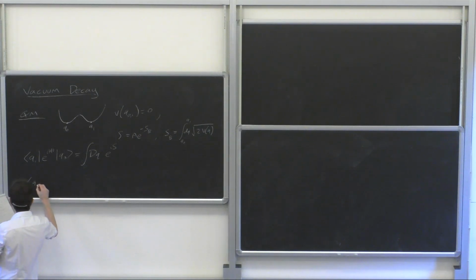And then the object we need to consider is the amplitude from Q0 to Q1 of e to the minus H tau.